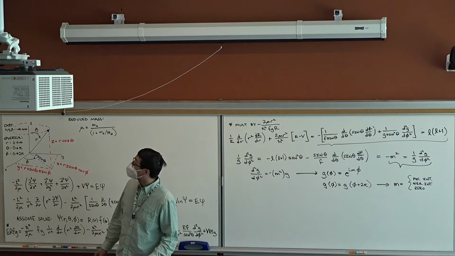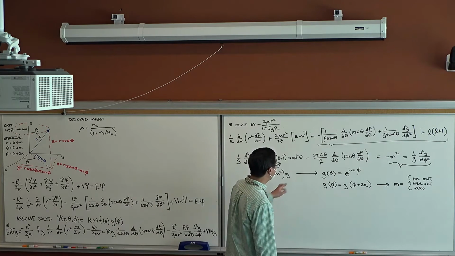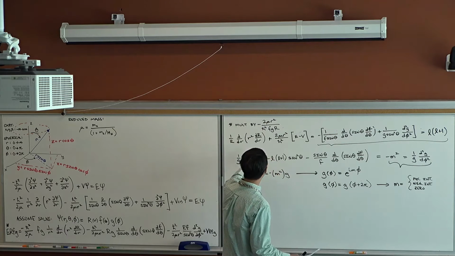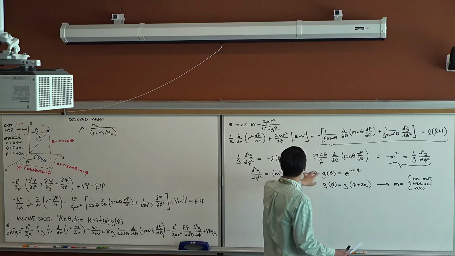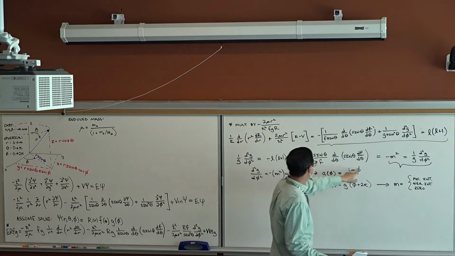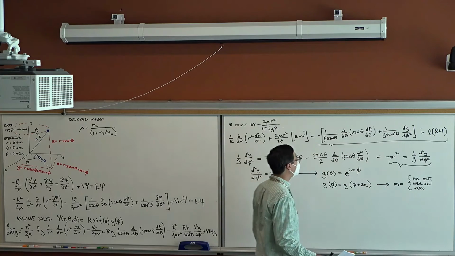In the interest of actually being able to start the hydrogen atom, we could do the same thing and come back to this side of the equation, setting it equal to minus m squared.